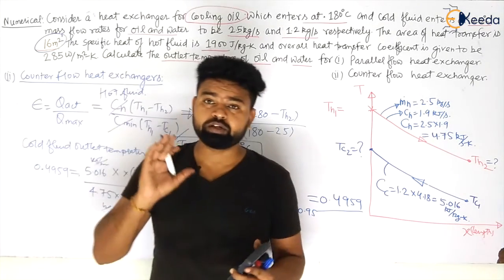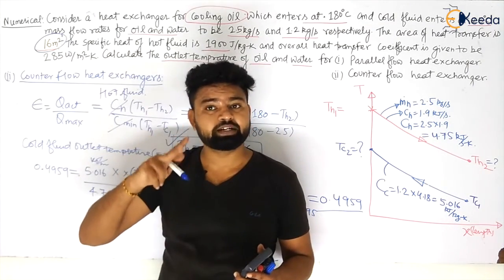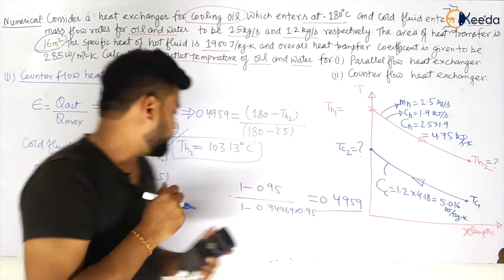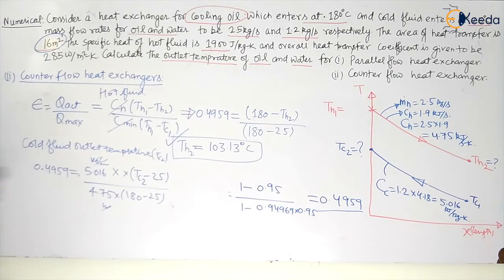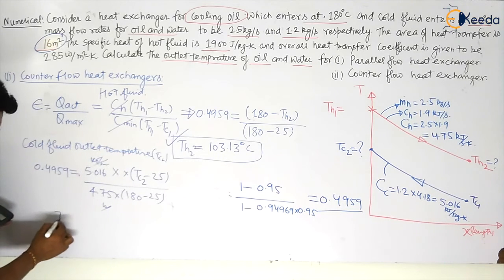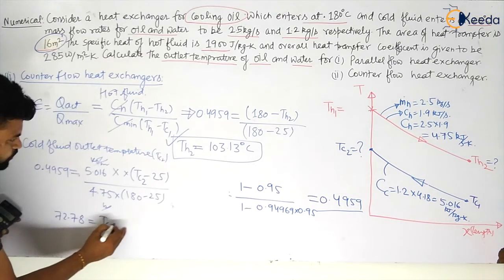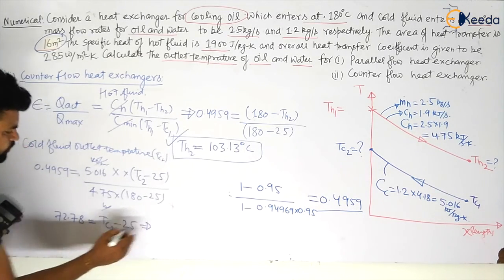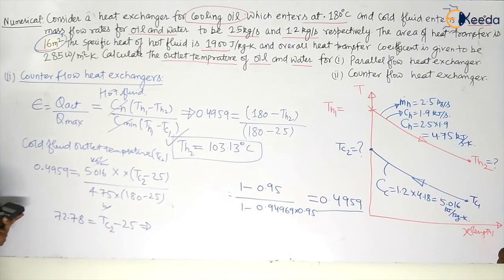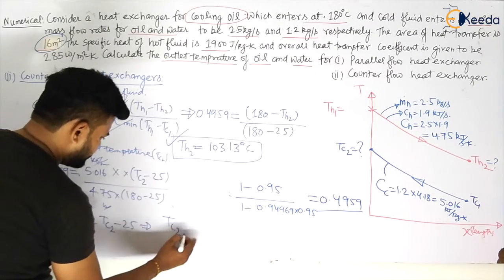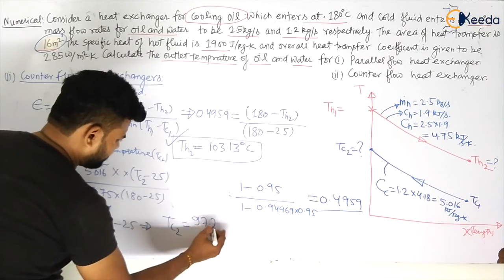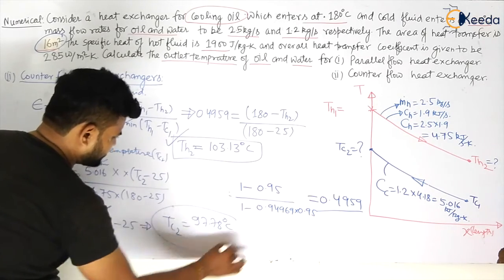I am making these mistakes so that you will know what mistakes you can make. Now this is divided by 5.016, which will be 72.78, equal to TC2 minus 25. So TC2 will be equal to 97.78 degrees Celsius, my dear students.